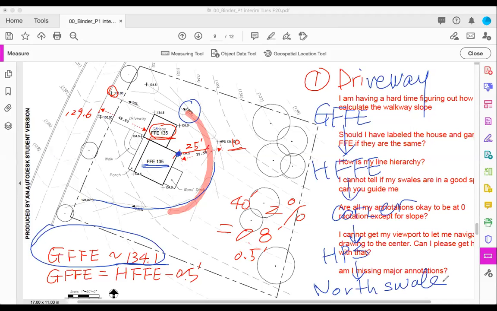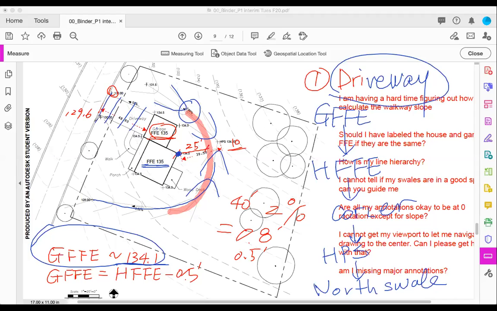And then you should work on driveway contours. I know you have calculated the driveway spots, but now you have these, and these essentially need to be connected back to the contours here.